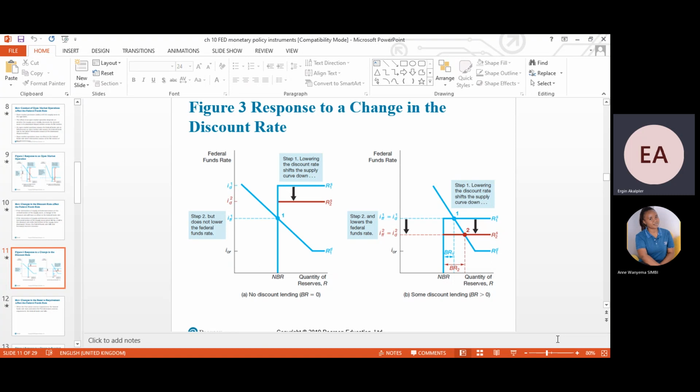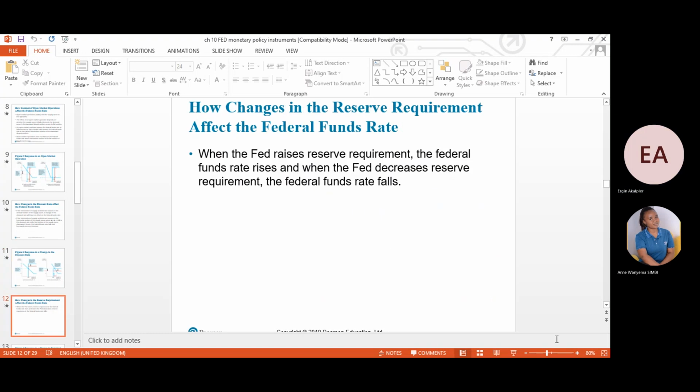The supply and demand, or saving and borrowing of capital, will become affected and shifted downward as much as the discount rate decreases from ID1 to ID2. Similarly, the federal funds rate will also be reduced by the same amount, and reaches equilibrium at point 2.